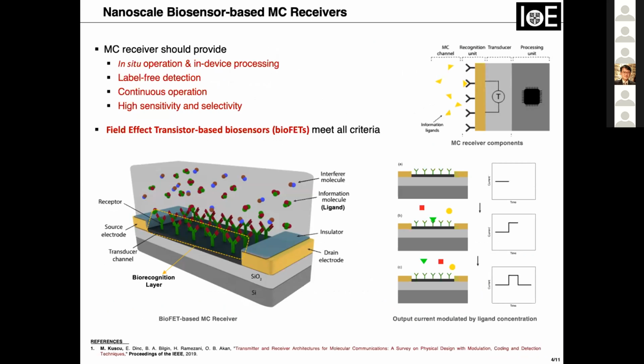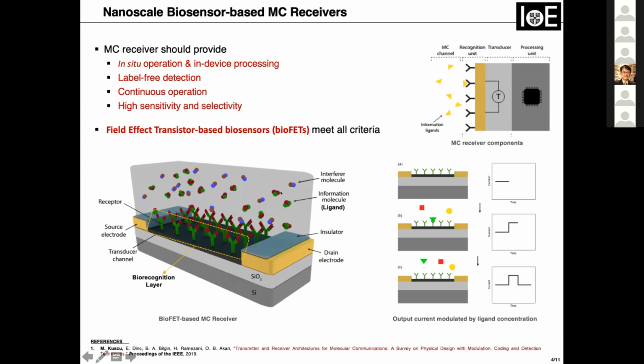So we looked for an electrical biosensing solution, and we found that field effect transistor-based biosensors, also known as bioFETs, meet all the criteria we expect from a receiver. BioFETs are very similar to conventional field effect transistors, with the only exception of a biorecognition layer that is capable of selectively binding target ligands, which are the information molecules.